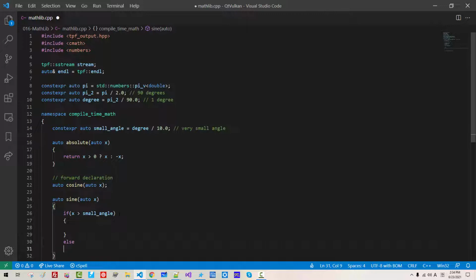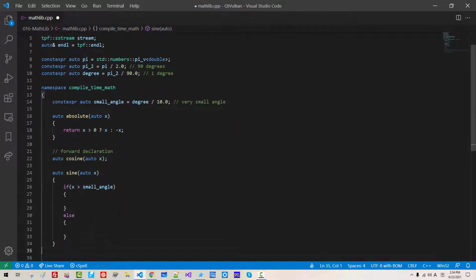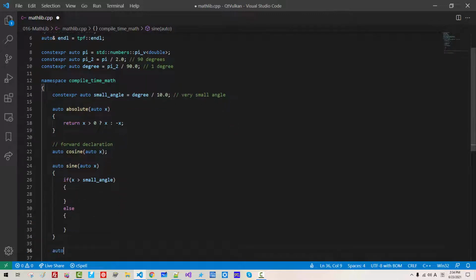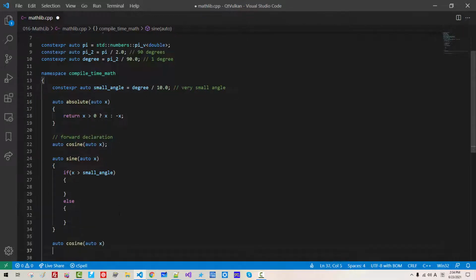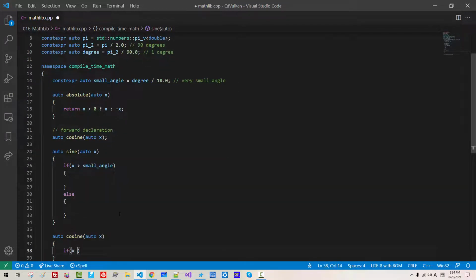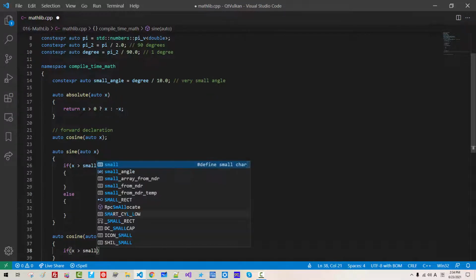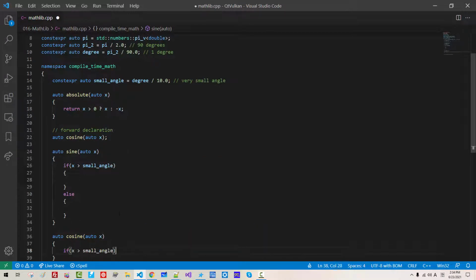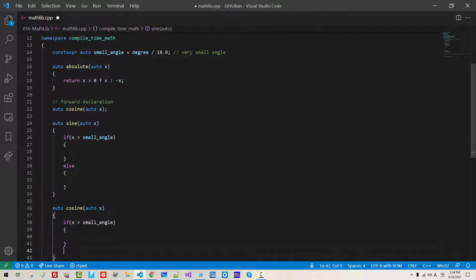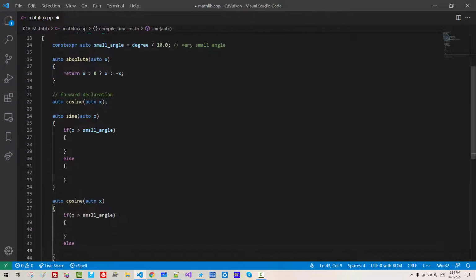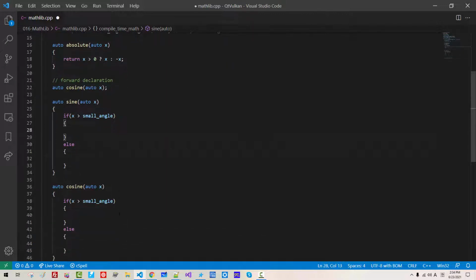Else, here auto cosine of x. If x is greater than small angle, else. Now here auto half x, we divide x by half.